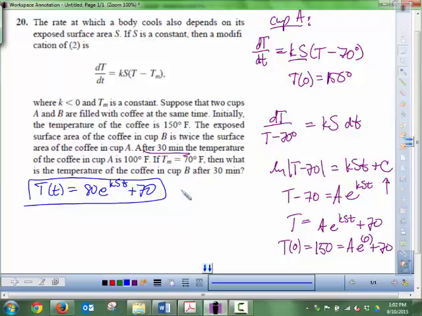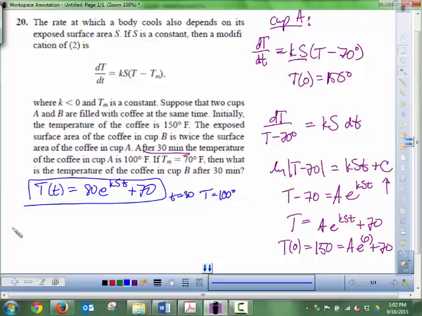So we'll use that information where 30 minutes later, and we'll take t as a time in minutes. So when t is equal to 30, the big T is equal to 100 degrees.